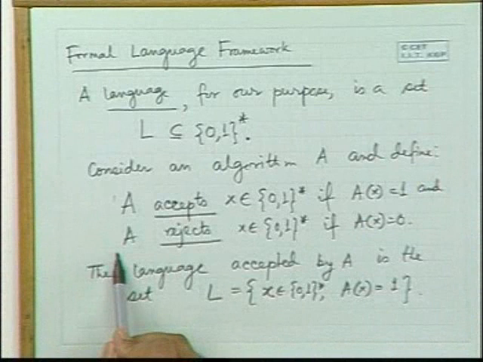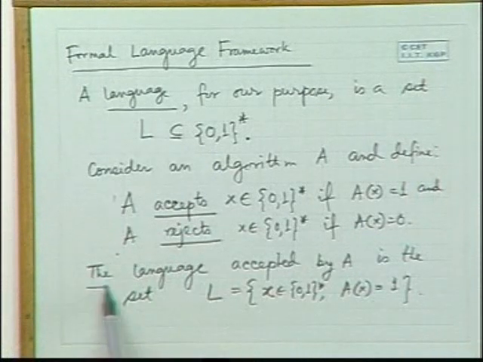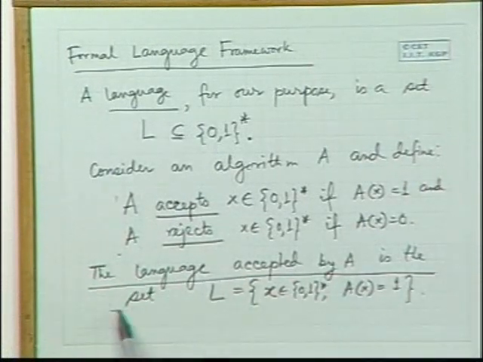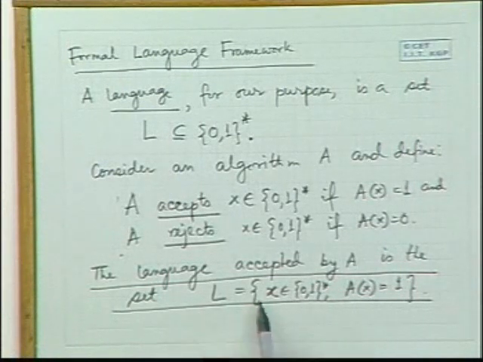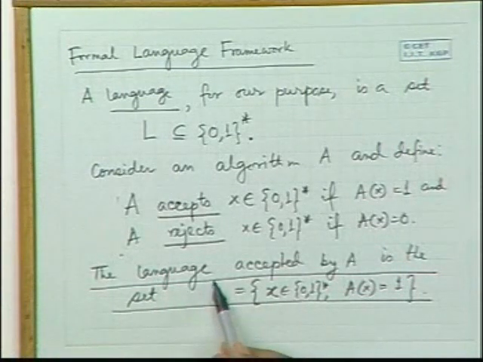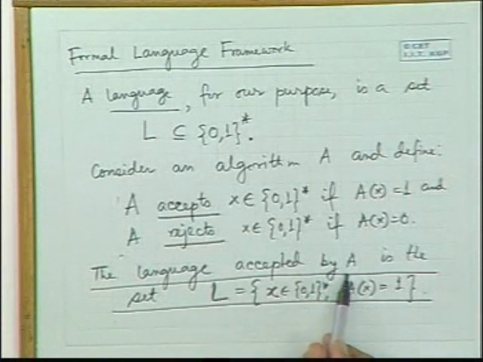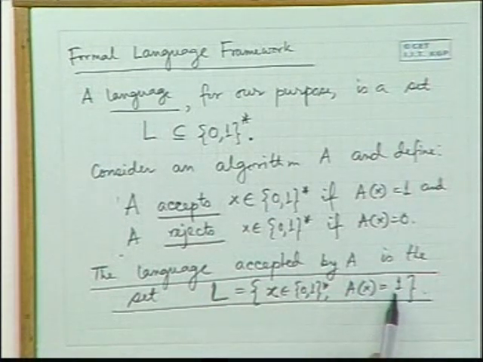Now this definition, A accepts and rejects, the language accepted by A, is a little bit more generalized version of solving the problem by A. Why? Here you can see that the language L is accepted by A only if A(x) is equal to 1.